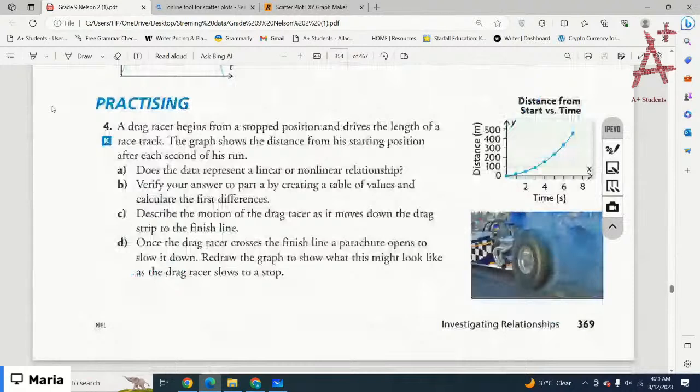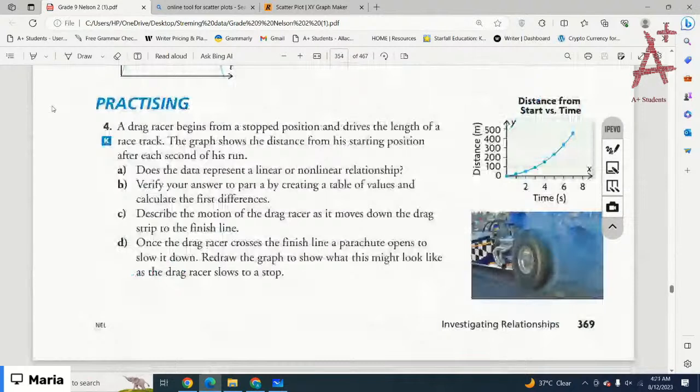The graph shows the distance from his starting point after each second of his run. A. Does the data represent a linear relation? No, that is a non-linear relation. A linear relation means the graph must be a straight line. This is not a straight line, so this is not a linear relation, right?